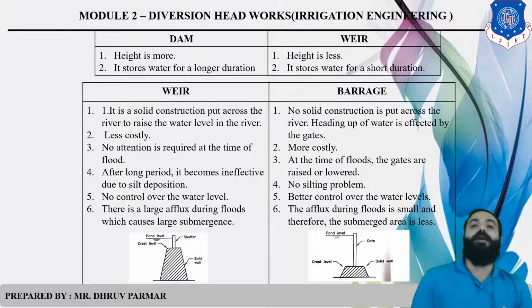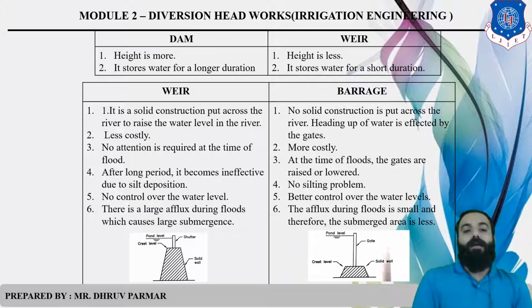A weir becomes ineffective or improper after a longer period. In a barrage there is no silting problem, but in a weir, after some period, silt is deposited on the upstream side and the weir will fail. In a weir there is no control, but in a barrage you can control easily by gates.